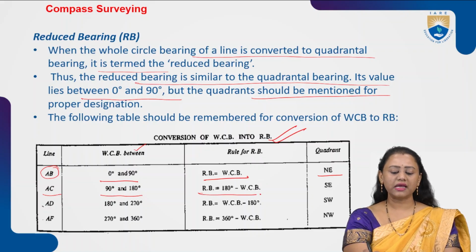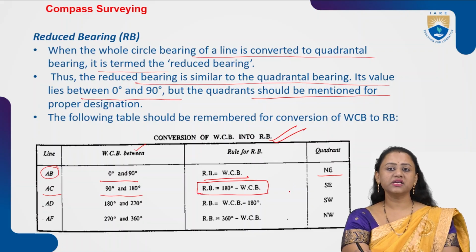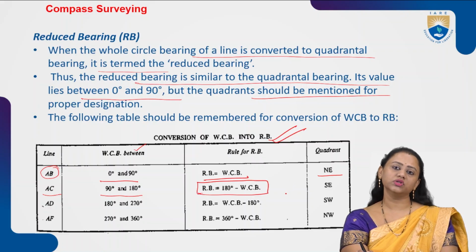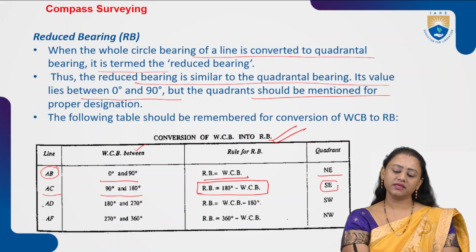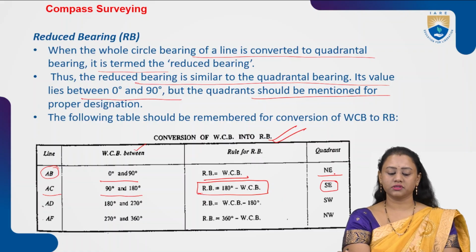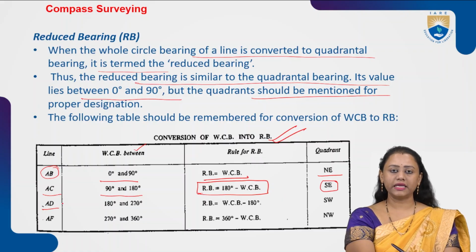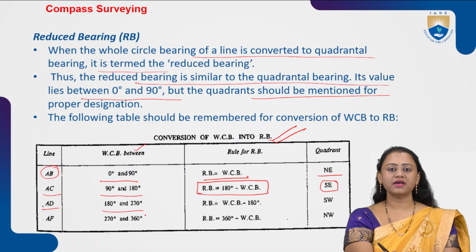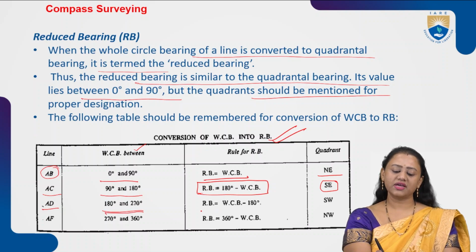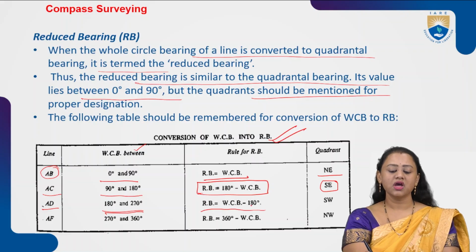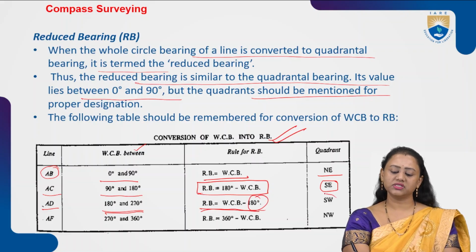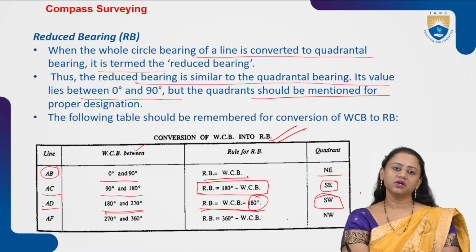For such a line, the reduced bearing is 180 degrees minus the whole circle bearing, and it lies in the southeast quadrant. Similarly, for line AD in the third quadrant, the angle lies between 180 and 270 degrees. Therefore, the reduced bearing is whole circle bearing minus 180 degrees, which lies in the southwest quadrant.